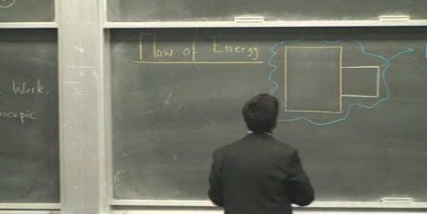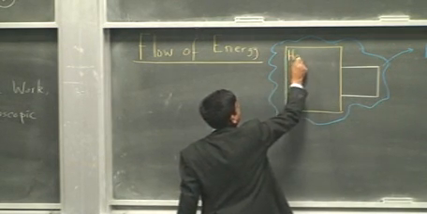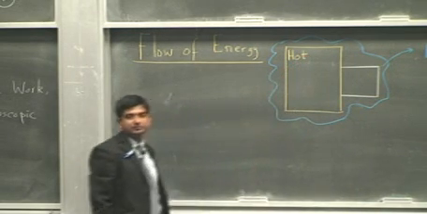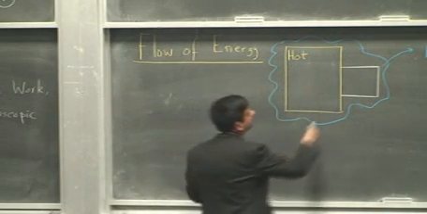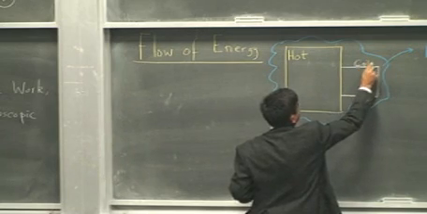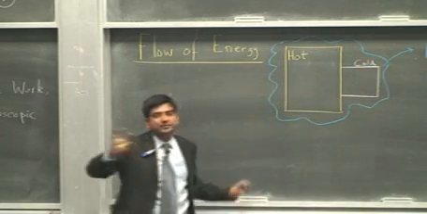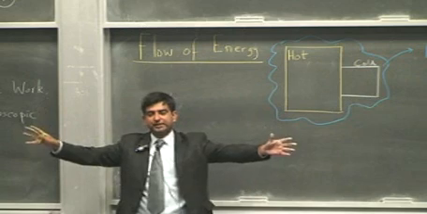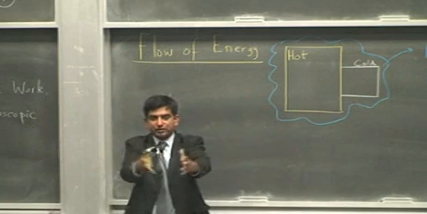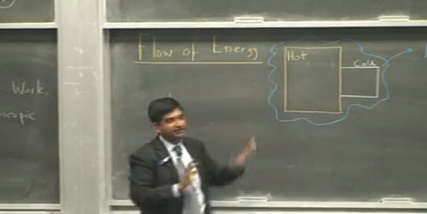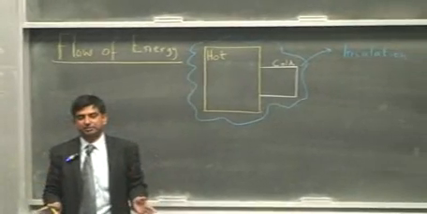This is what we call a hot object. And this is what we call a cold object. Now the hot object is lying somewhere separate, the cold object is lying somewhere separate. You make contact between the two and everything is placed inside a thermal insulation.